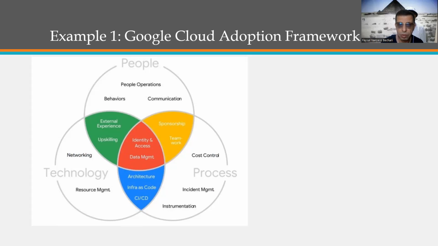But there is something common between these three: identity and access plus data management for people, process, and technology. And there are common things between people and process, between people and technology, and between process and technology. We'll look at all of these.